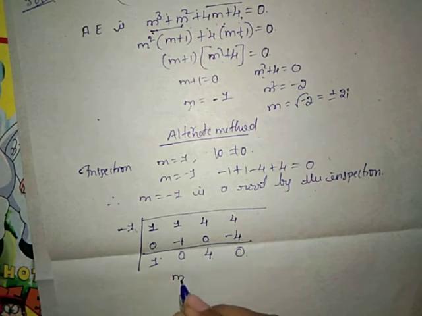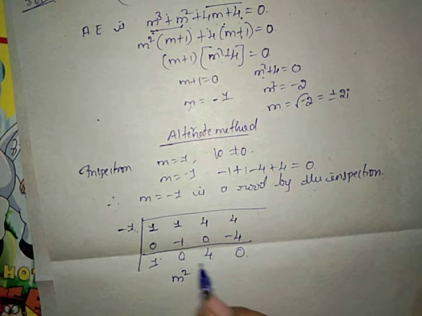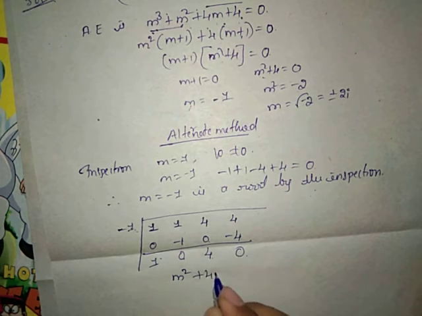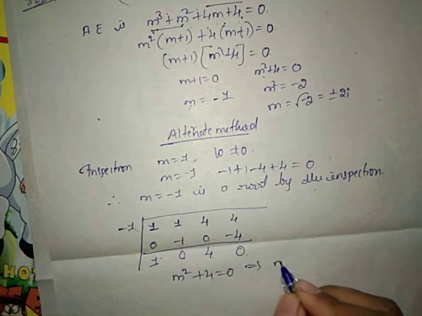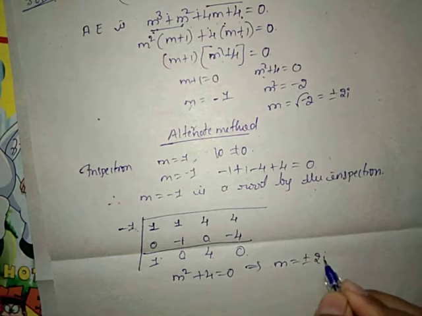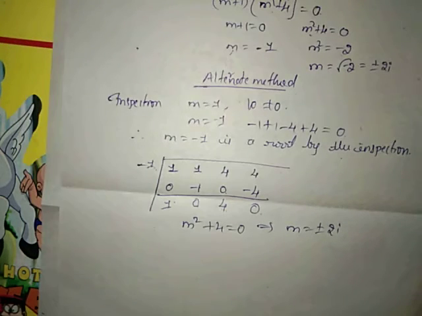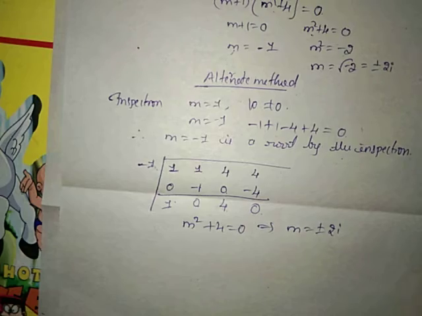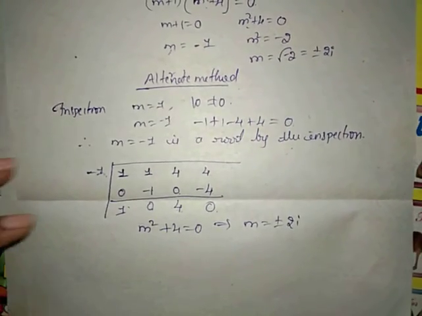Coefficient of m square, coefficient of m plus constant. That implies m equal to plus or minus 2i. So in both the methods we get the same values of the roots, so we can find the roots by any method here.